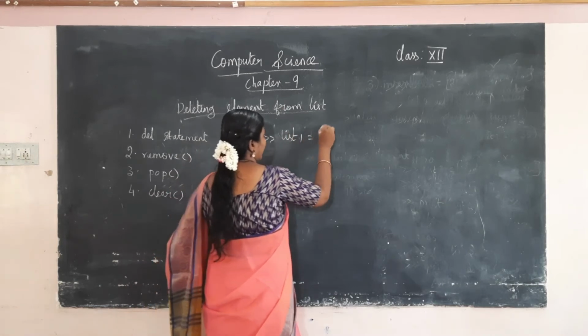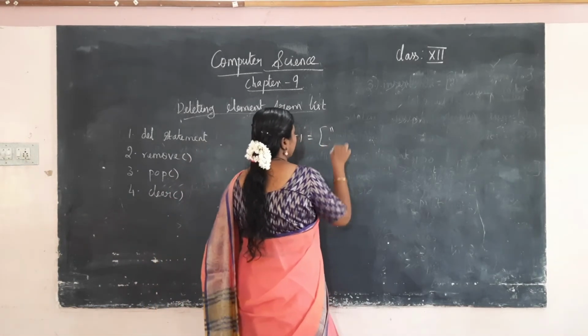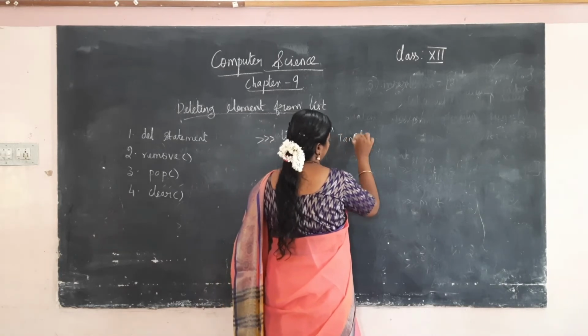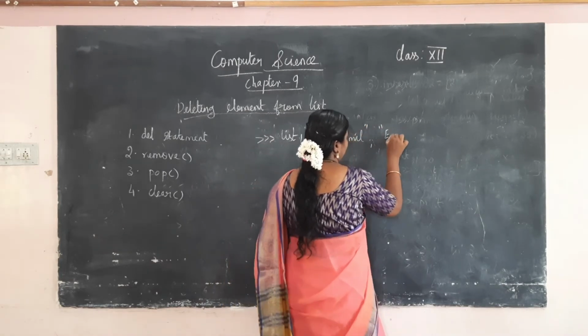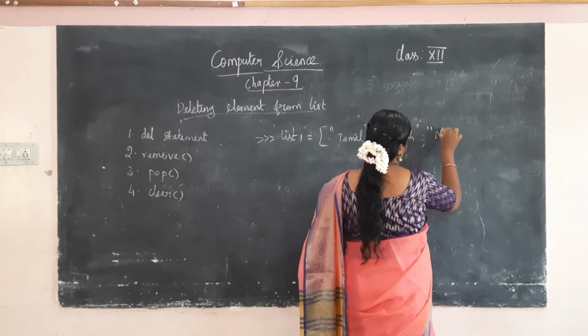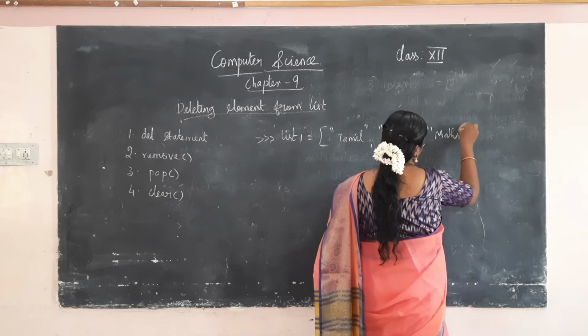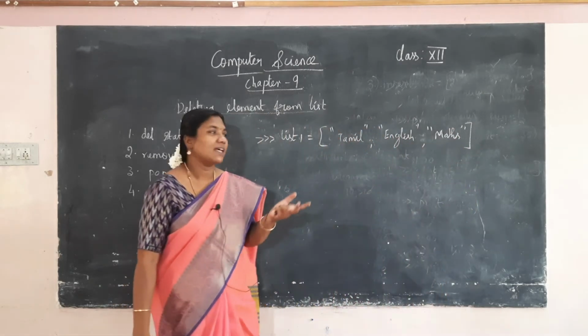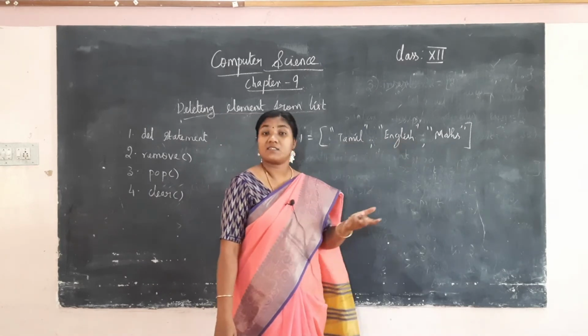List 1 is equal to, let me have a string list: Tamil, English, Maths. So I am having a list with 3 elements, all string values.